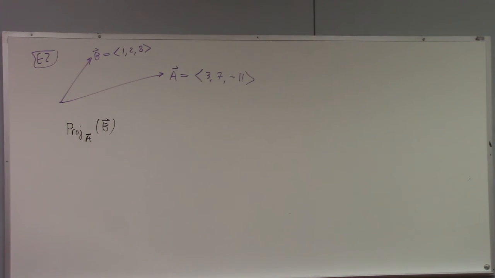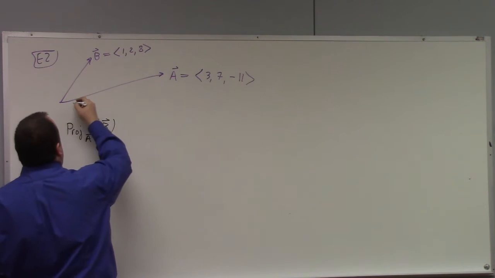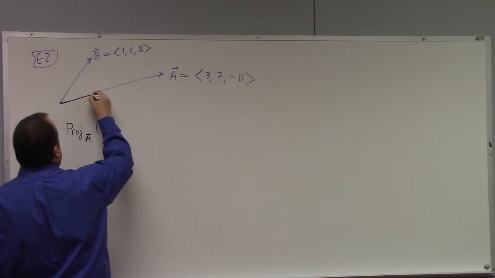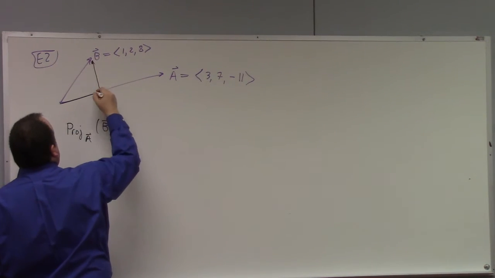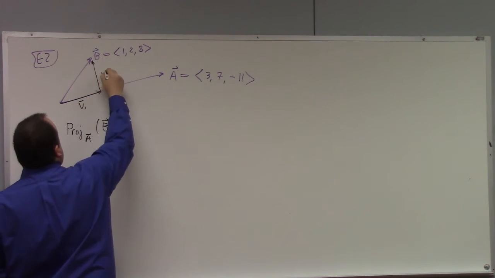In other words, can you find a vector which is parallel to A and another vector which is perpendicular to A, right? So let's say V1 and V2.